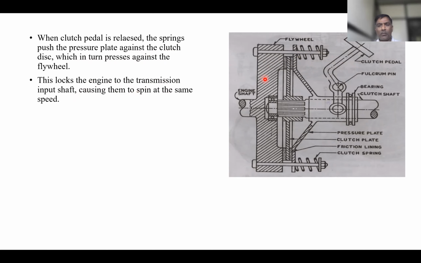Now whatever the speed of the flywheel will be taken by the clutch plate, and the clutch plate is mounted on the splined shaft.